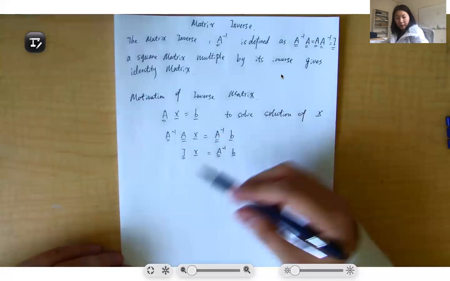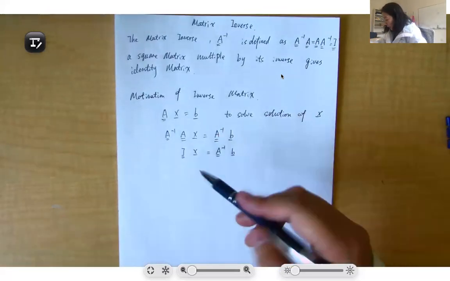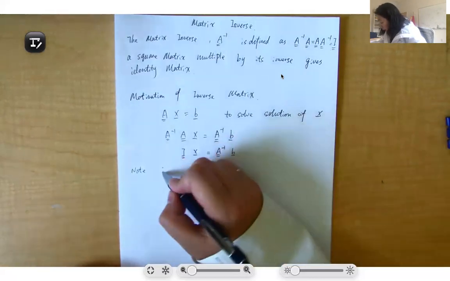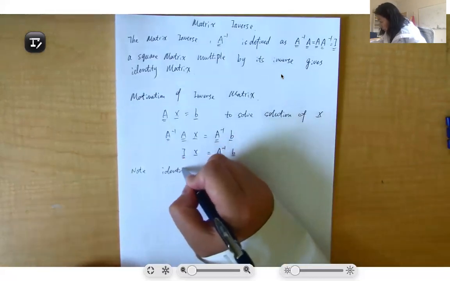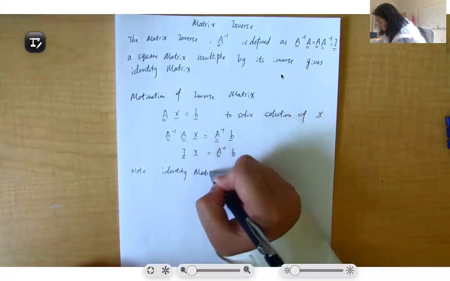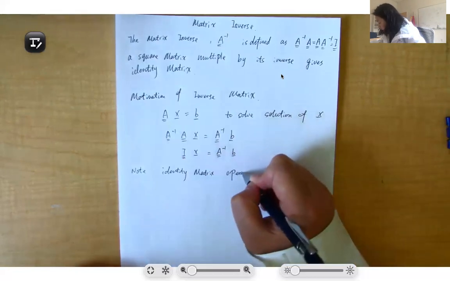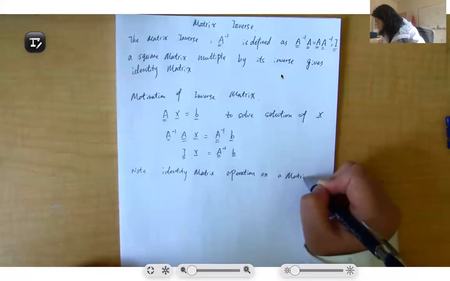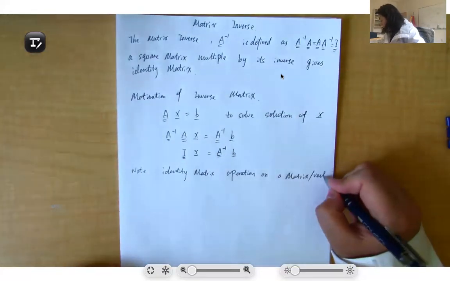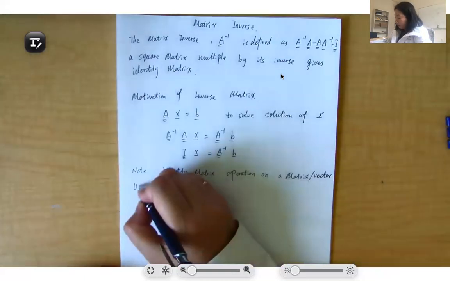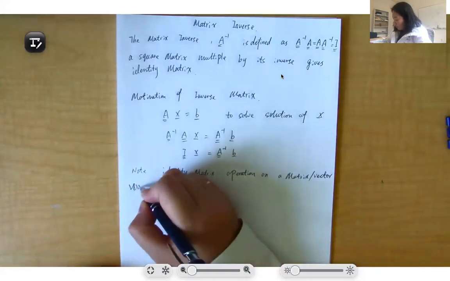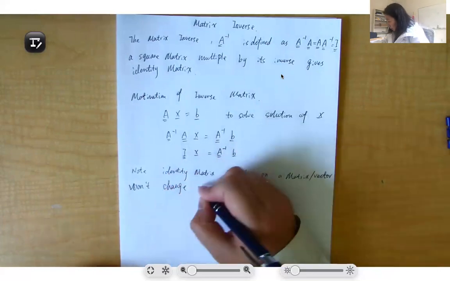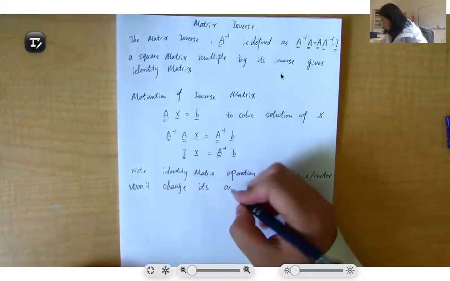And there is a note for the identity matrix: the identity matrix operating on a matrix or vector won't change its original quantity.